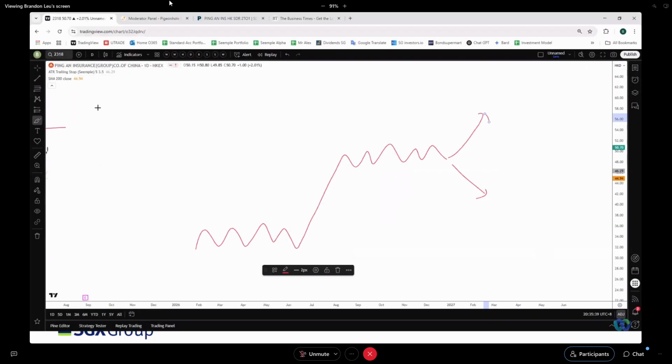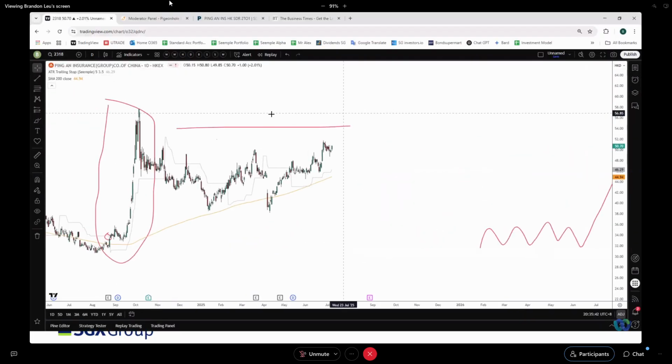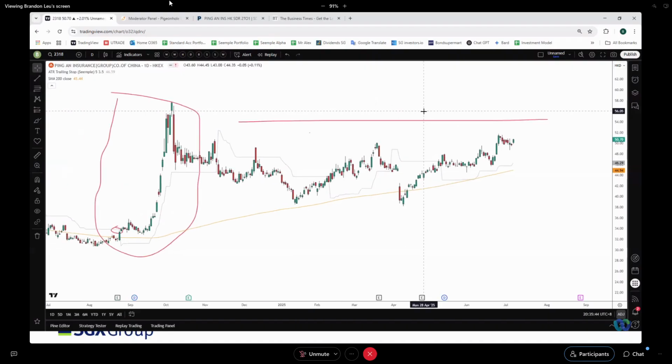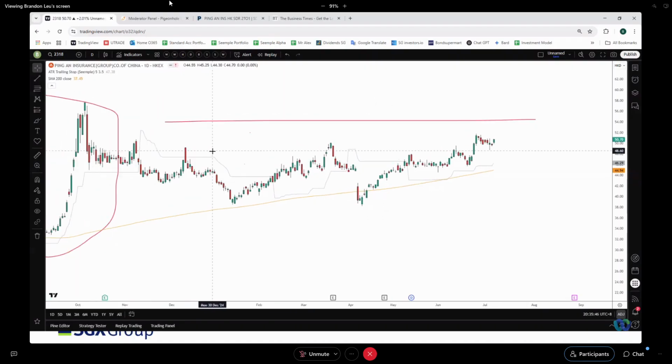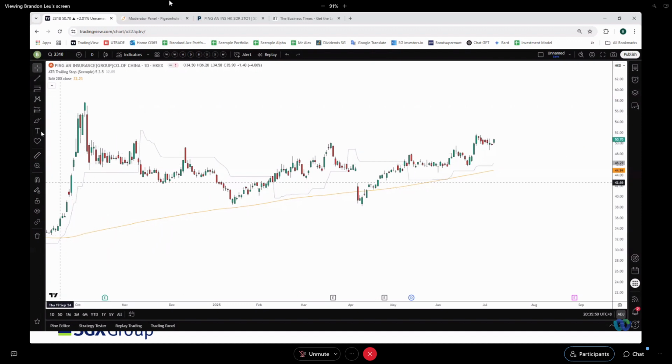So I go back to the Ping An. We look back before, we can see that there's so much sell-off, red bars. We can see red bars here and red bars and keep selling. But if you realize that after this Liberation Day sell-off, there's more green bars.